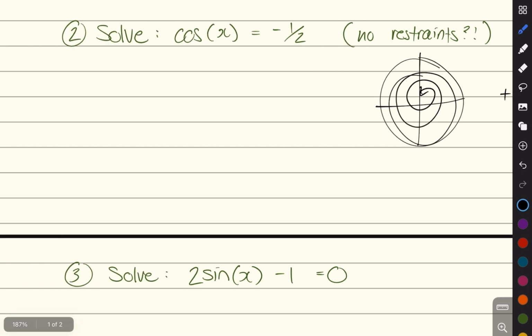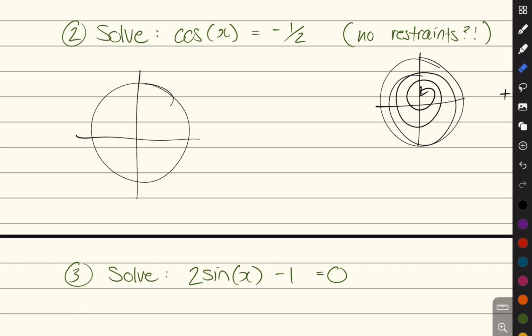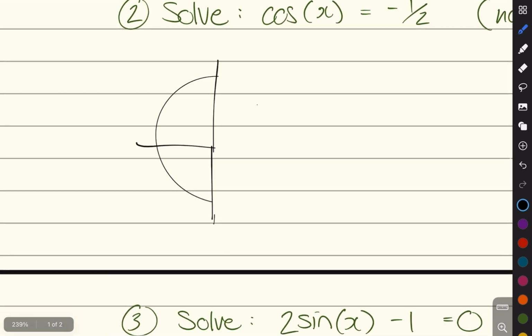And now when we ask ourselves, when is cosine equal to negative 1/2, we realize that the cosine value has to be negative. So we can delete everything where the cosine value is positive and look at the left side of the unit circle.